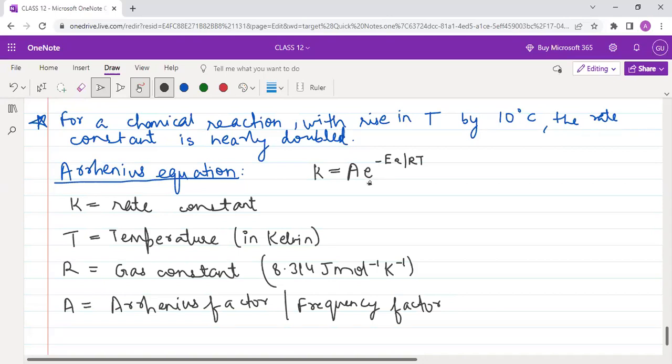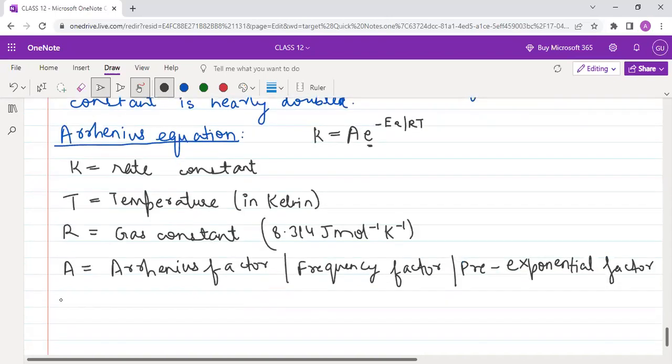This e is the exponential constant. A is coming before it, that's why the name is pre-exponential factor. So these are the three names of A: Arrhenius factor, frequency factor, and pre-exponential factor.